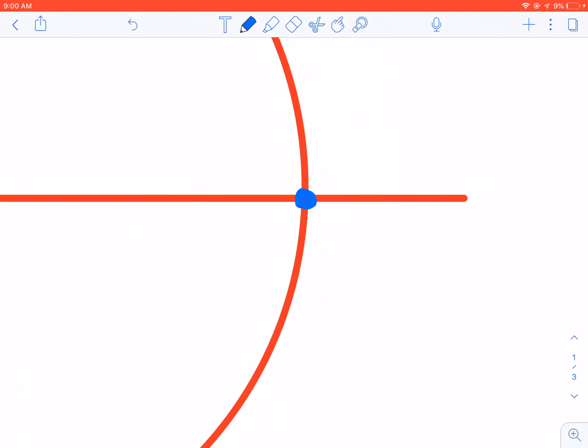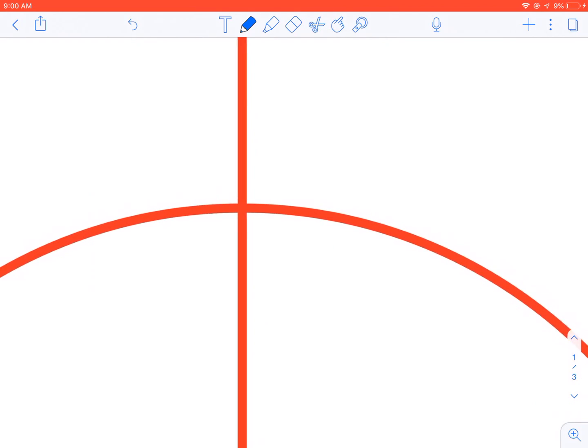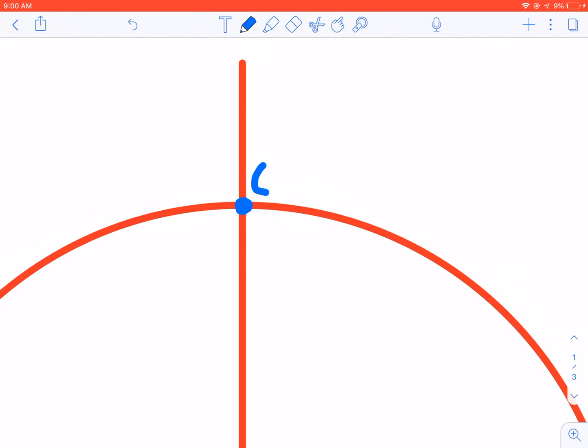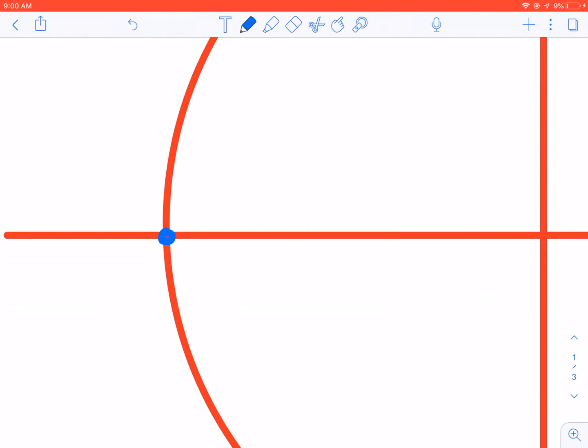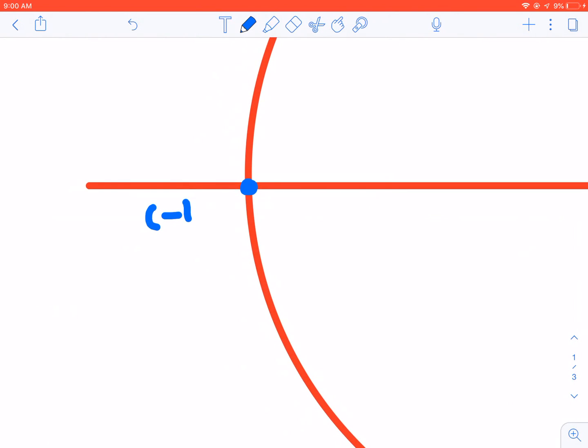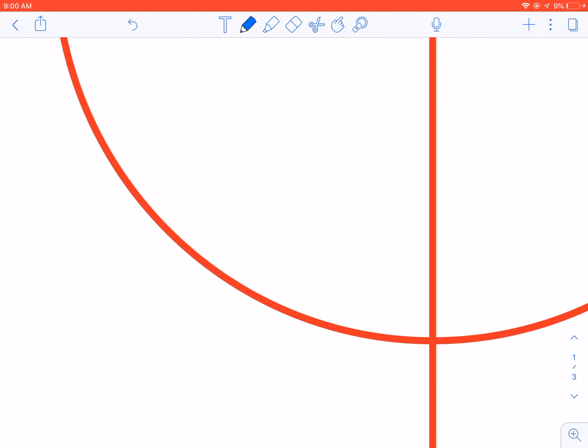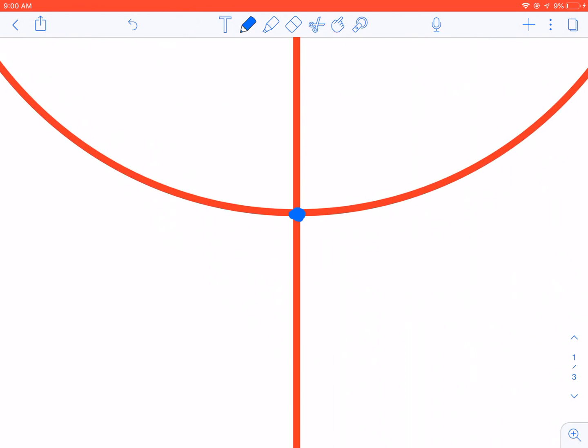What would this coordinate be over here? Well, if the radius is 1, that would have to be 1, 0. Right? This point here would be 0, 1. This point here, negative 1, 0. And this point down here, 0, negative 1.